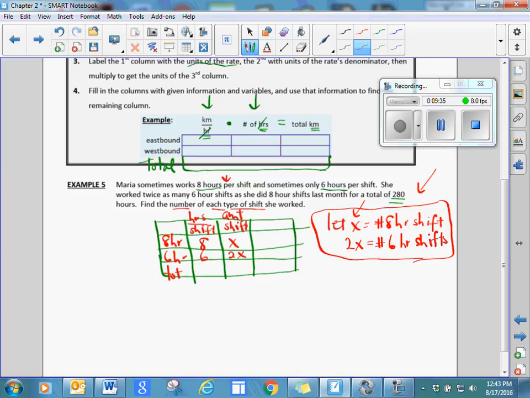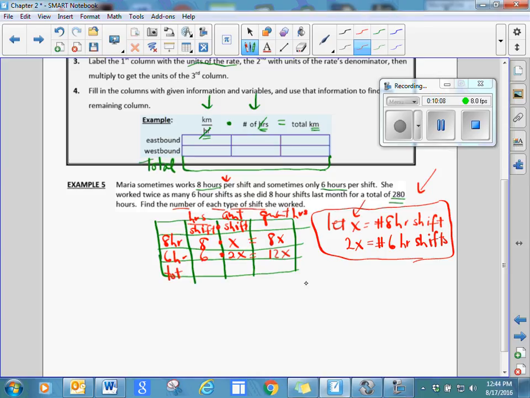And then the quantity of hours is going to go in this third column when you multiply. This is a multiplication problem every single time. So 8 hours times how many shifts she works gives you the amount of hours that she worked. 6 times 2x gives you the amount of hours in all of the 6-hour shifts that she worked.